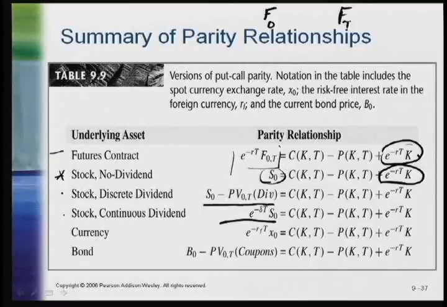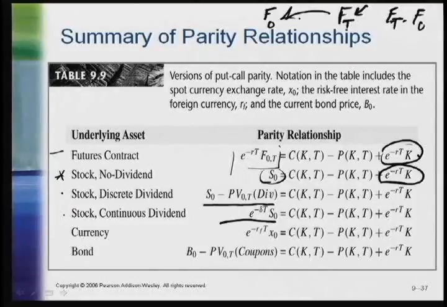The transaction will require us to pay F_T, but in our margin account, we're going to have a profit or a loss equal to F_T minus F_0. So the actual cost of buying the S&P 500 is F_T, but the margin account will give us F_T minus F_0. When I subtract that from my original cost, I go back to F_0. So a futures contract locks in the price for delivery on the day that you enter into the contract. You actually take delivery at a different price, but the margin account will give you the difference.